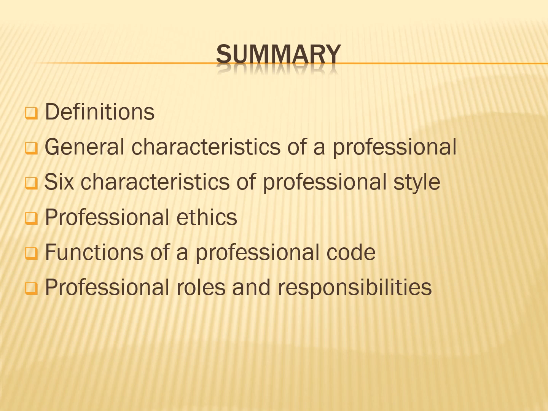If I am right, around 12 characteristics are there, and then more specifically the 6 characteristics of professional style, starting from being ethical, altruistic, etc. Then you have professional ethics, which is nothing but the code of conduct that is expected out of a professional, and also the functions of a professional code, which refers to why you should have a professional code and in what way it helps a professional by having a code in practice. And the last one is about what are the roles and responsibilities expected out of a professional.